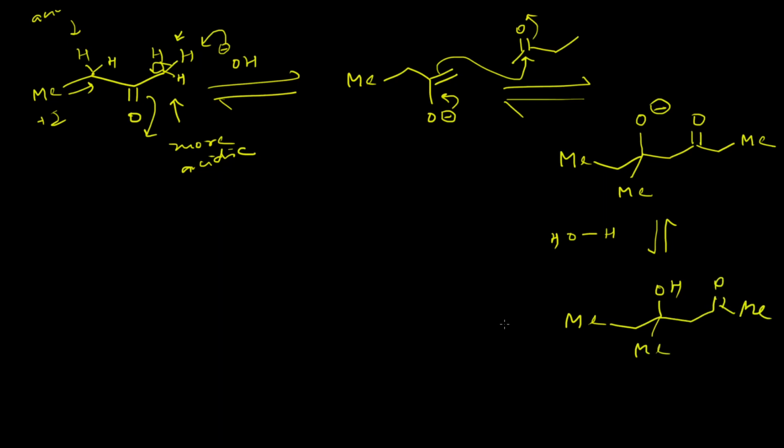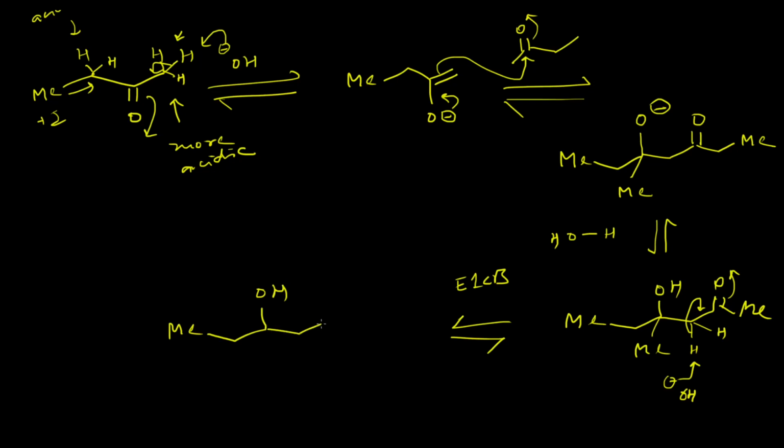And then it will undergo an E1CB elimination pathway. During this step, 2 alpha hydrogens are there in this center. One alpha hydrogen will be abstracted by the OH minus, and this will result in the formation of a stable enolate anion. So this will be our conjugate base after the proton abstraction.